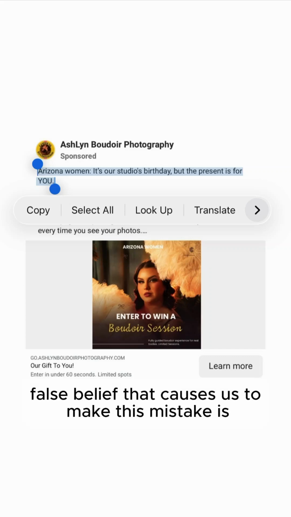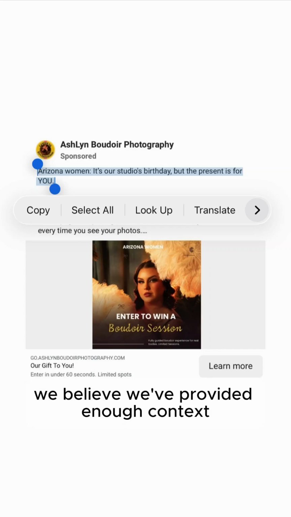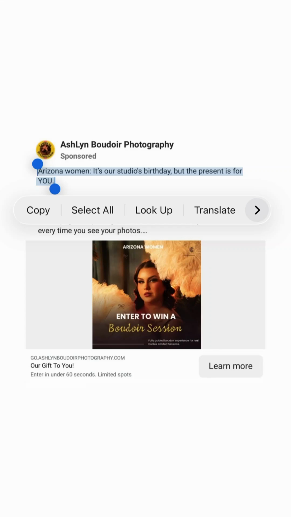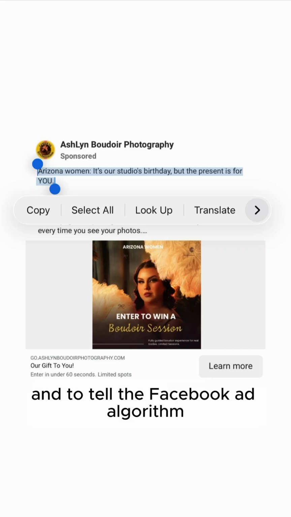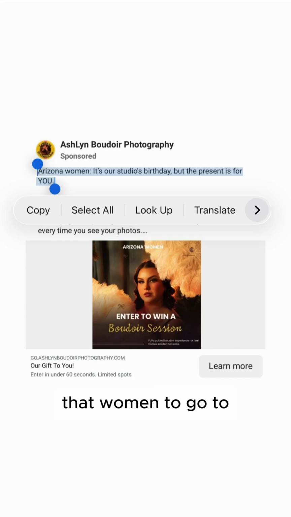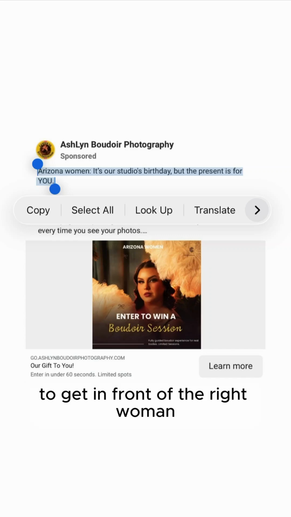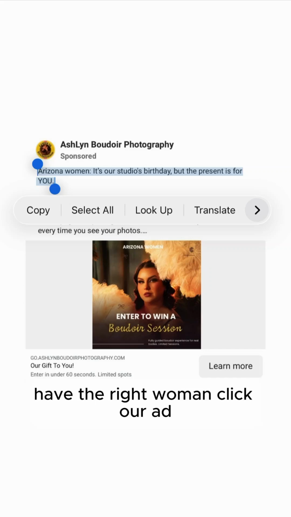The false belief that caused us to make this mistake is, well, this is the lack of context mistake. We believe we've provided enough context to get the right women, and to tell the Facebook ad algorithm to get in front of the right women and have the right women click our ad without becoming too restrictive.